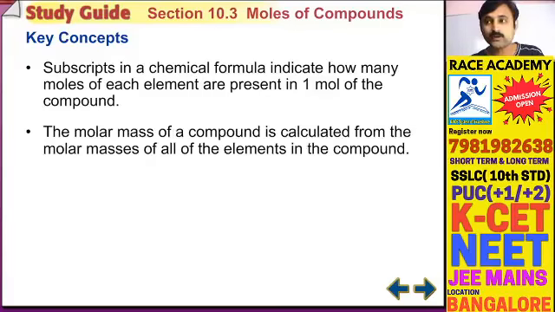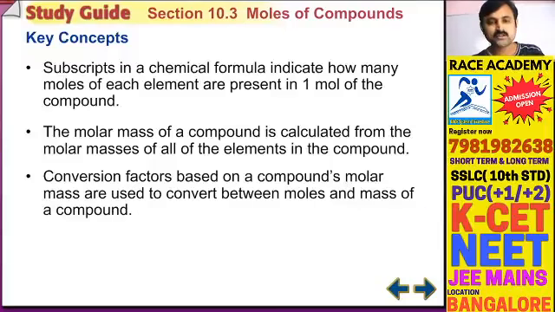The molar mass of a compound is calculated from the molar masses of all elements in the compound. So to calculate a compound's molar mass, you have to find the molar masses of all elements in it. Conversion factors based on the compound's molar mass are used to convert between moles and mass of the compound.